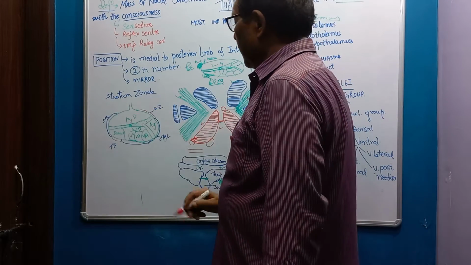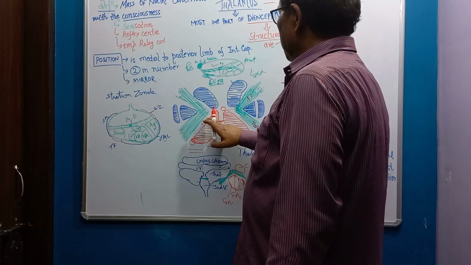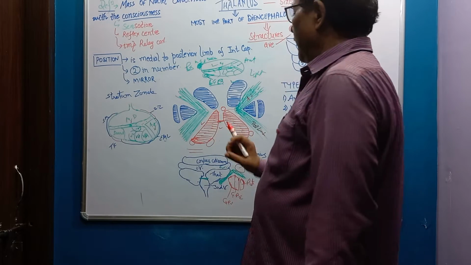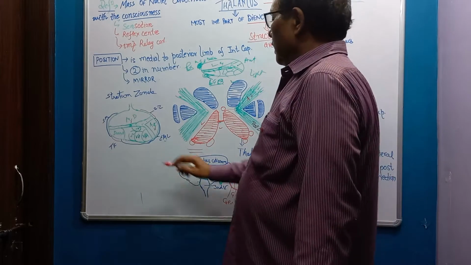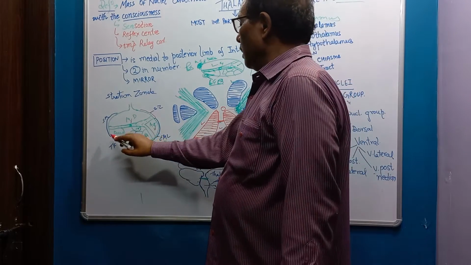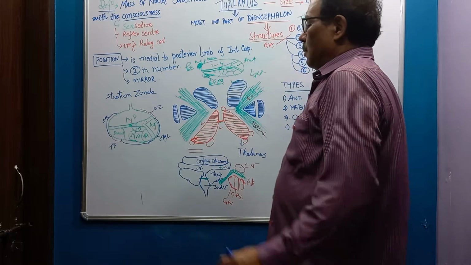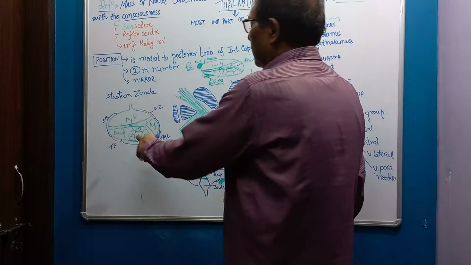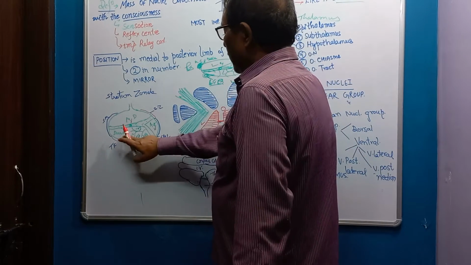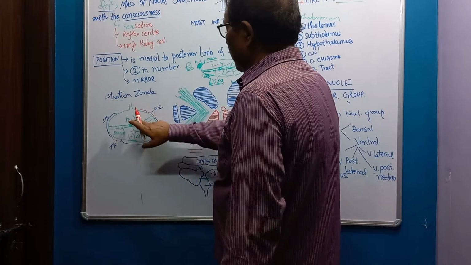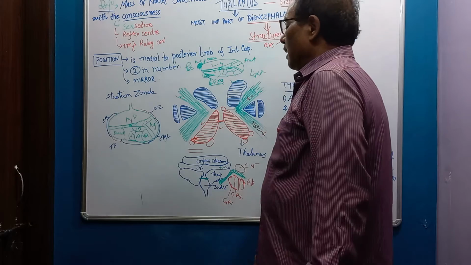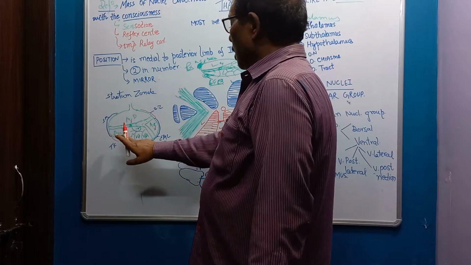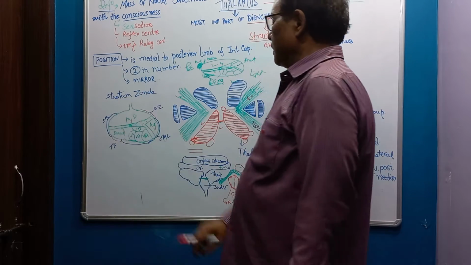Here is the medial group of nuclei, also known as mediodorsal. Then this is the ventral group of nuclei. Sorry, this is medial and this is lateral. The lateral is divided into dorsal and ventral parts.